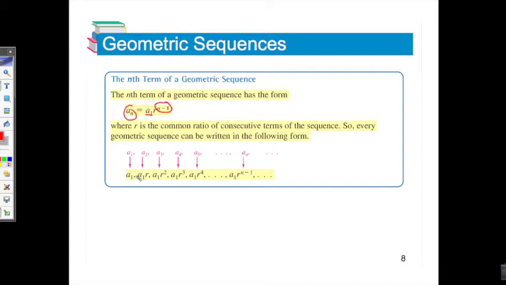So what we in essence get here is the first term being a sub 1, the next term is a sub 1 times the ratio, the next term is a sub 1 times that ratio squared, the next term a sub 1 times that ratio cubed, and it just continues to move up in what appears to be an exponential type situation. So if you think of an exponential function, these are very closely related.